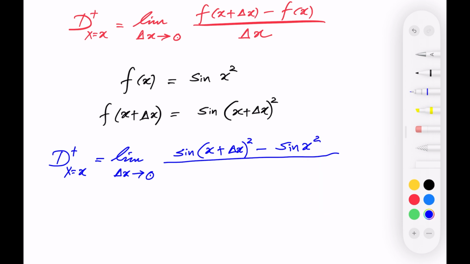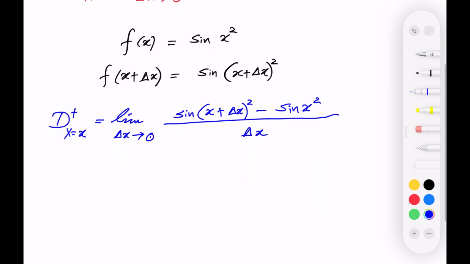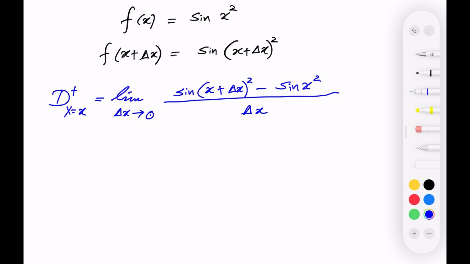In the denominator, we have a delta x. We cannot do the direct substitution of delta x equals 0, because in that case, this term is going to be just sine x squared, and that minus another sine x squared. The numerator becomes equal to 0, and that has to be divided by delta x, which is once again 0. 0 divided by 0, undefined. Therefore, we need to go for further simplifications.